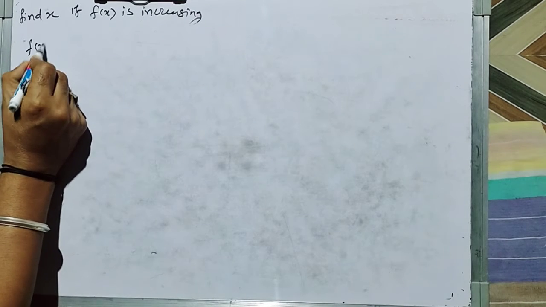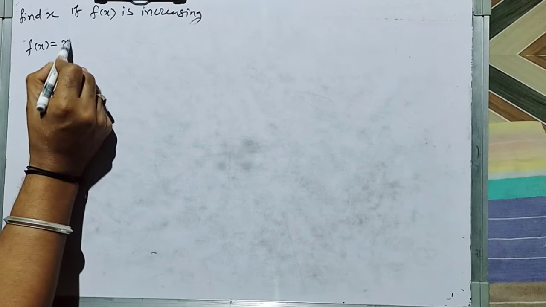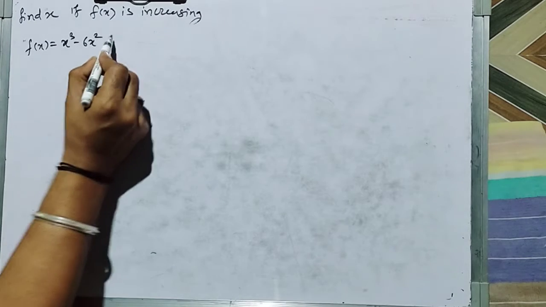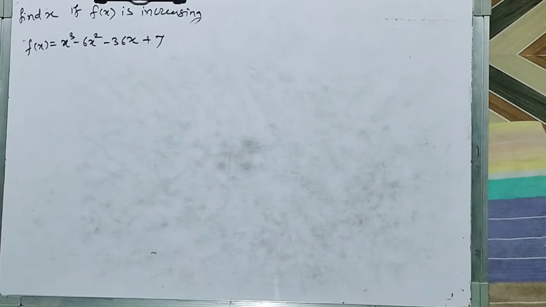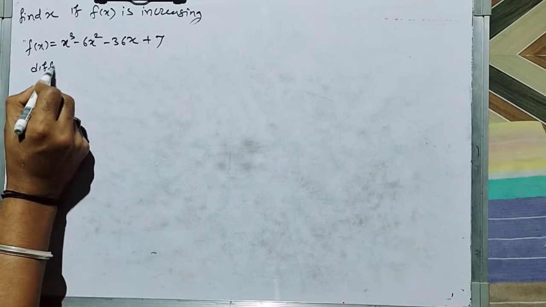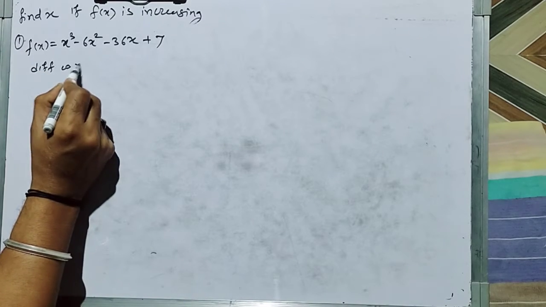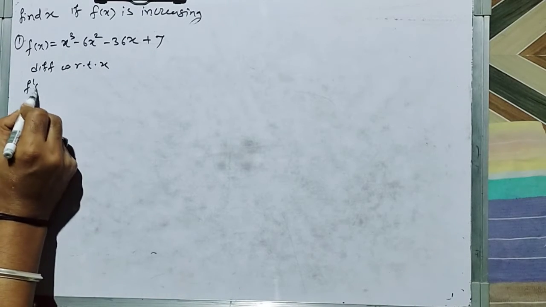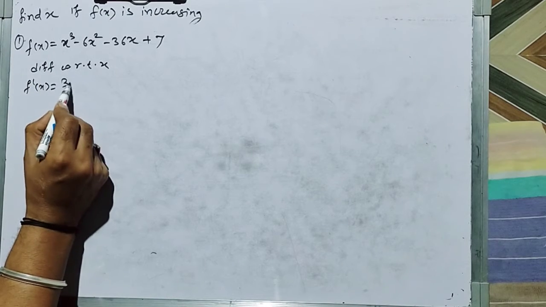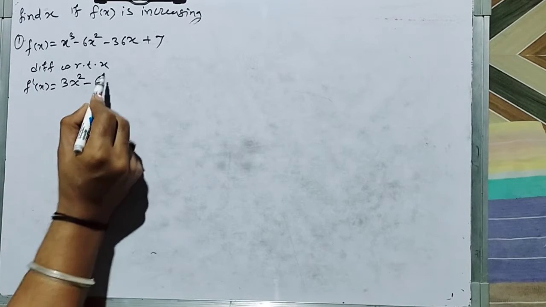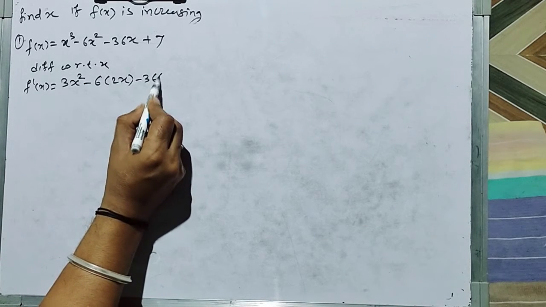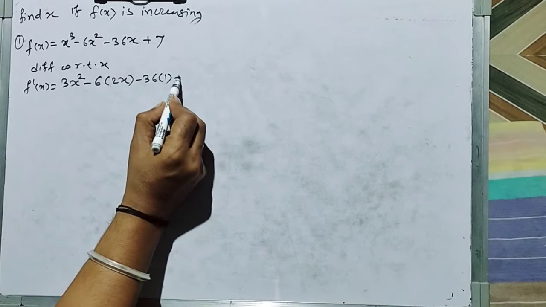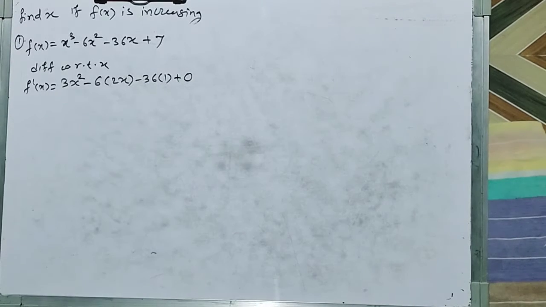So here f(x) = x³ - 6x² - 36x + 7. So differentiate with respect to x. So here f'(x) = derivative of x³ is 3x², minus 6 times derivative of x² is 2x, minus 36 into derivative of x is 1, plus derivative of 7, a constant term, is 0.